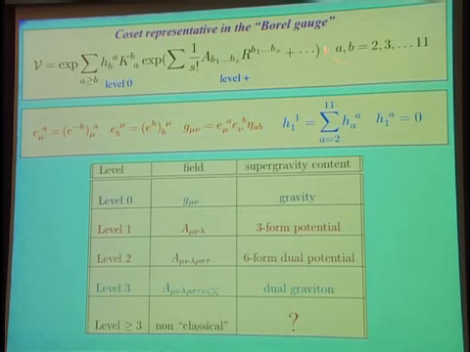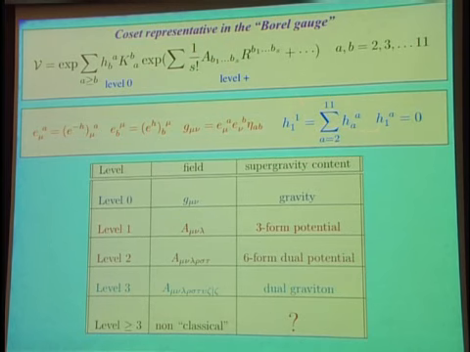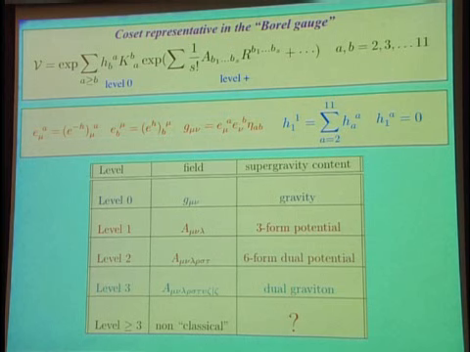There is a slight problem, of course, that the index now goes only from 2 to 11, but with the embedding of E10 in E11, we have an embedding relation, and that fixes the last parameter here in terms of all the others, in other words, specifying the gauge we are using in gravity. And these are the relations that you can prove come from the embedding of E10 in E11. When this is done, these relations can now be taken in 11 dimensions, and therefore the level 0 can be identified, at least as far as the indices are concerned, to the metric of gravity.